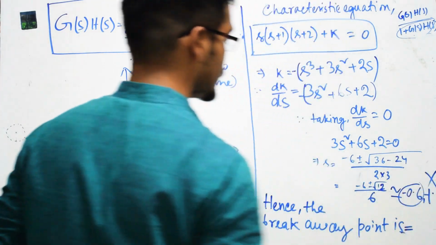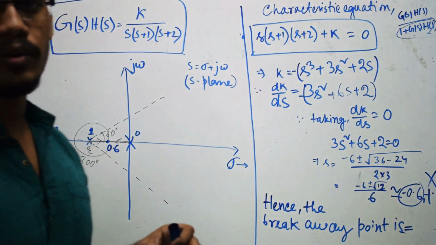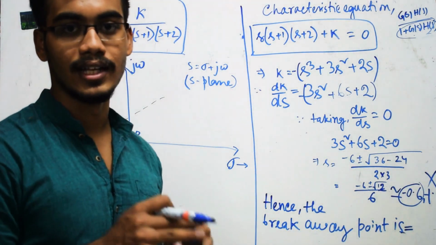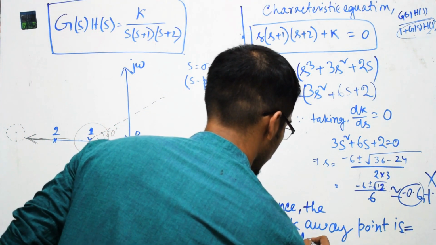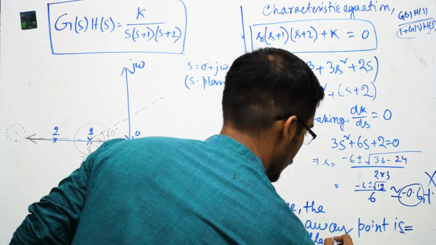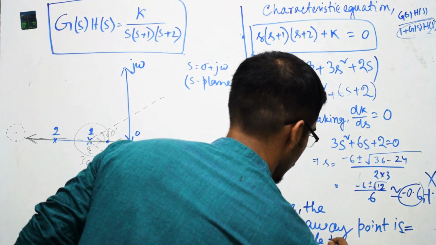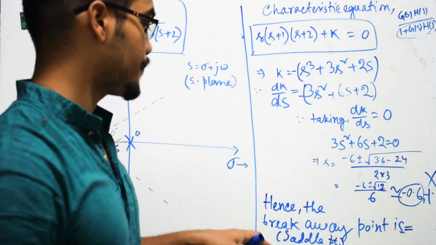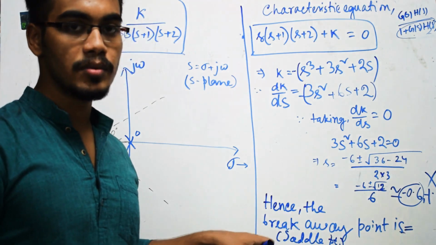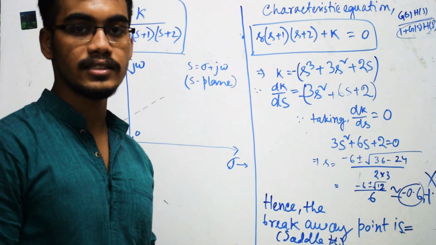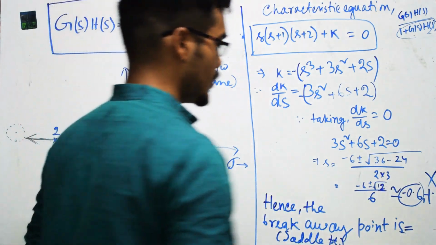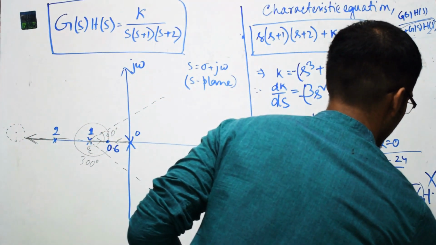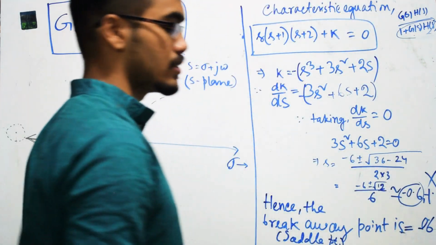Minus 0.6 is the actual breakaway point, and this is called the saddle point. So the point which will be on the root locus, that is called the saddle point. Minus 1.6 is not the saddle point. So here the breakaway point is minus 0.6.